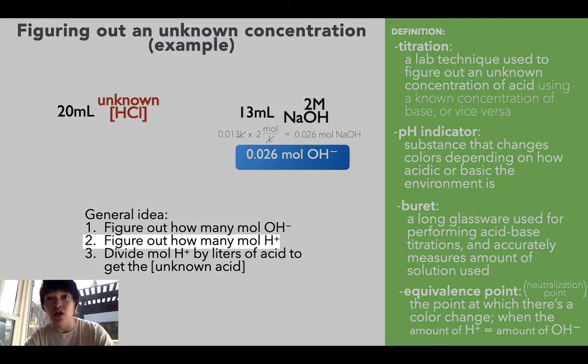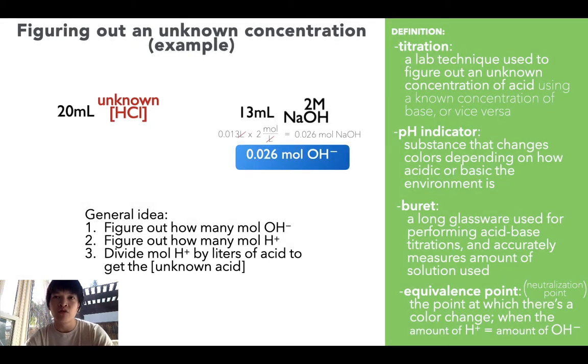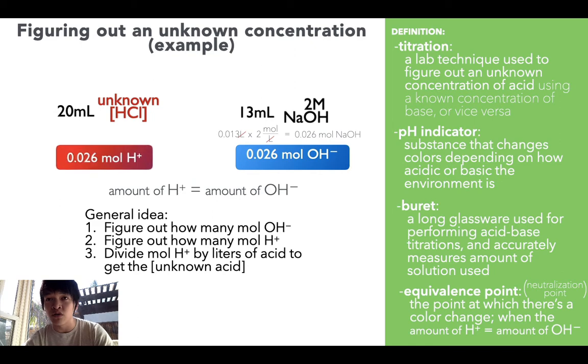Now step 2 is to figure out how many moles of hydrogen ions there is in the acid. This is easy because we know that at the end of titration, the amount of hydrogen ions equals the amount of hydroxide ions. Since we know that 0.026 moles of hydroxide was needed to neutralize the acid, then that means there's exactly 0.026 moles of hydrogen ions.